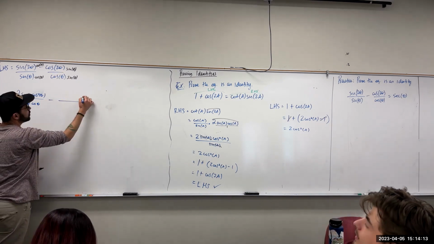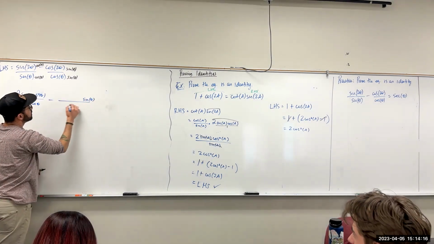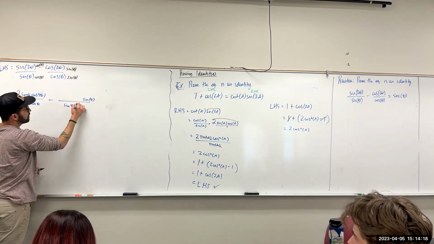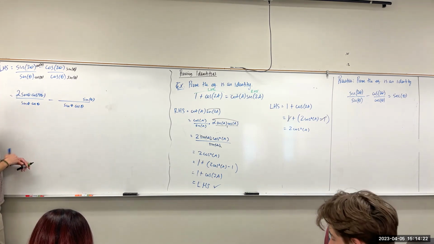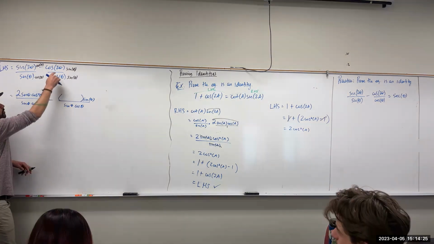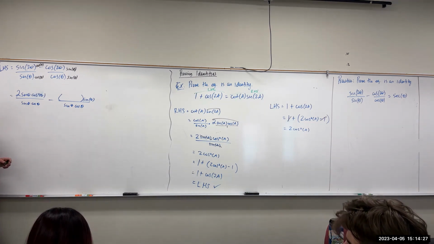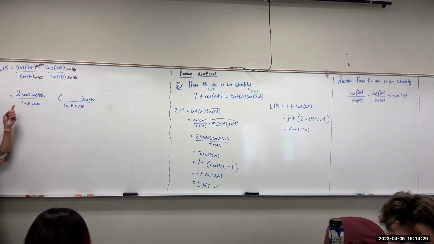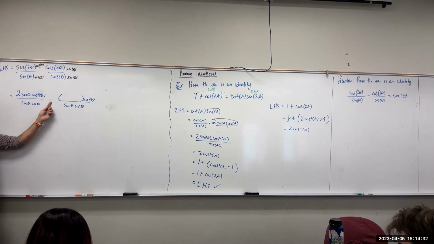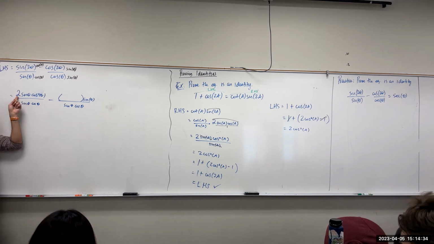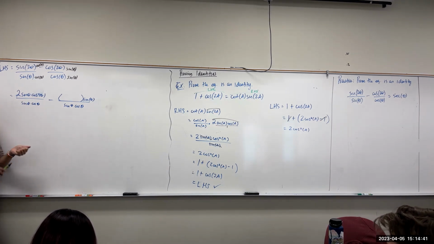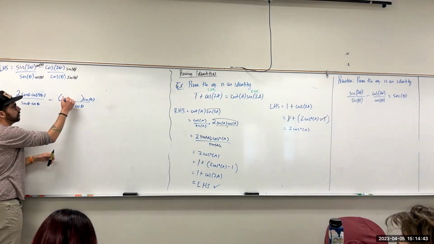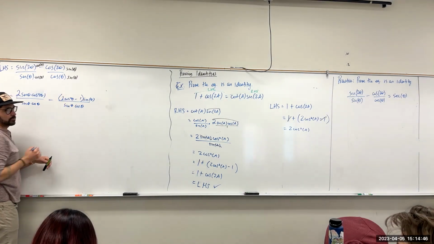And here is where you have to be strategic. Which of the three identities do you choose for cosine 2 theta? The hint is, hopefully you can cancel something. This has a 2 and a cosine squared, so it might be beneficial to use the one with 2 cosine squared theta minus 1.